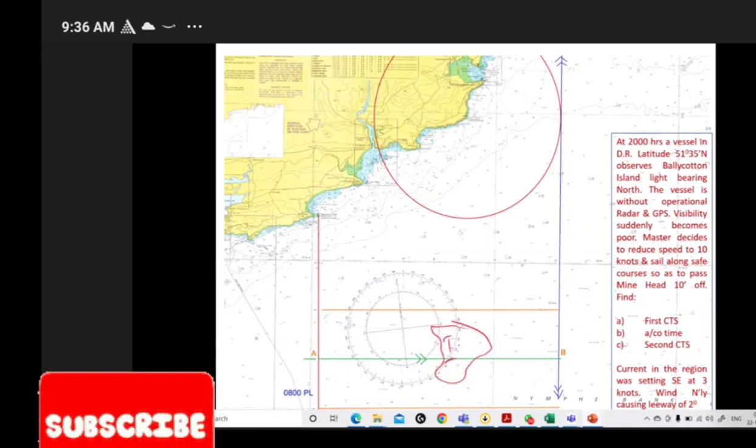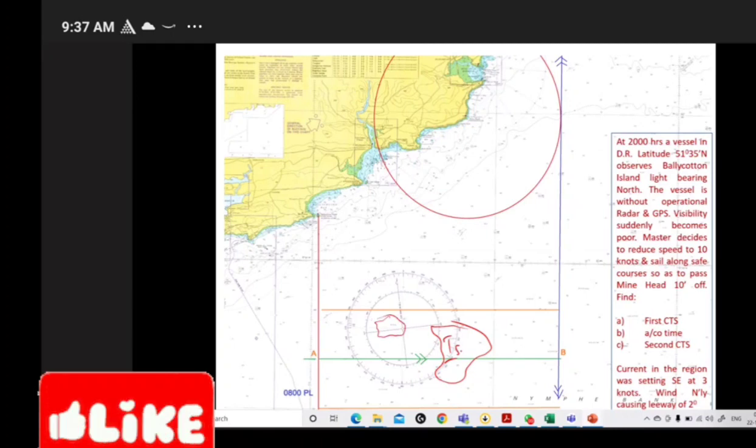Suppose there is an island here, right? So it is not binding on me that the first CMG should be perpendicular. I cannot risk the vessel by forcing that. The obstruction may be somewhere here in the safety zone, correct?